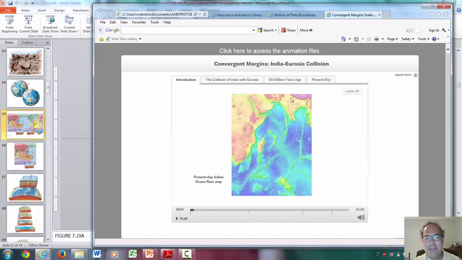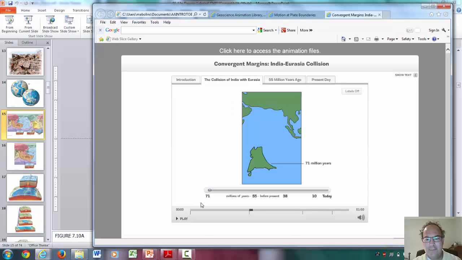The big example of a continent-continent convergent plate boundary in the world today is where India meets the rest of Eurasia. India protrudes out of Eurasia into the Indian Ocean, but it was not always so. Long, long ago, India was an island subcontinent, something like Australia today.